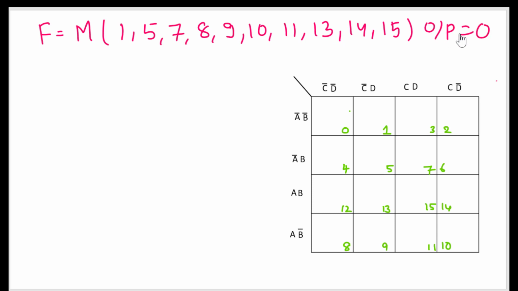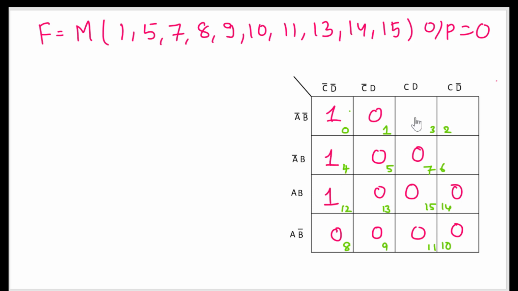Please remember, so you're going to have 1, 0, 5, 0, 7, 0, 8, 9, 10, 11, 13, 14 and 15. So these are the max terms, and the rest are all 1. We'll fill in all the ones. Now we'll try to form the expression for the POS form.